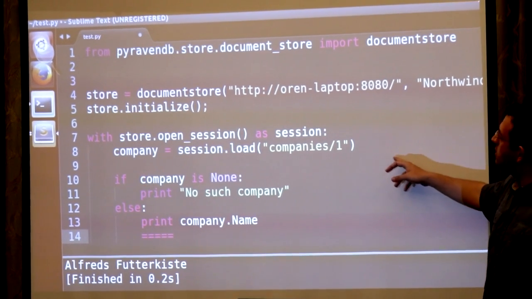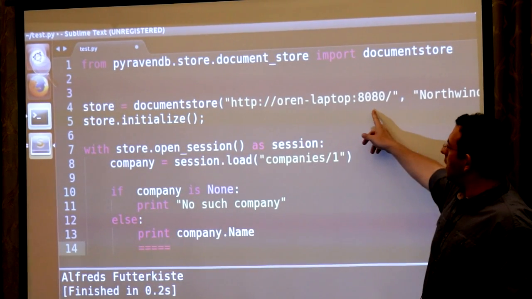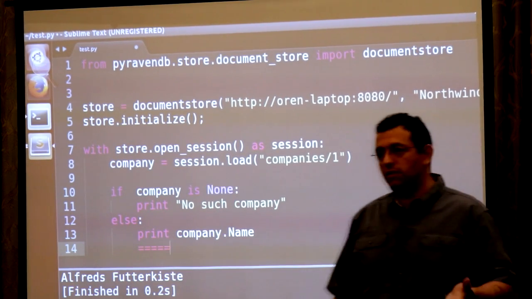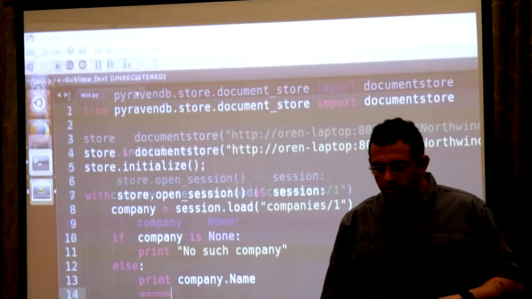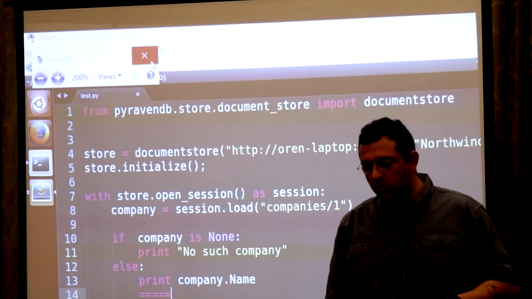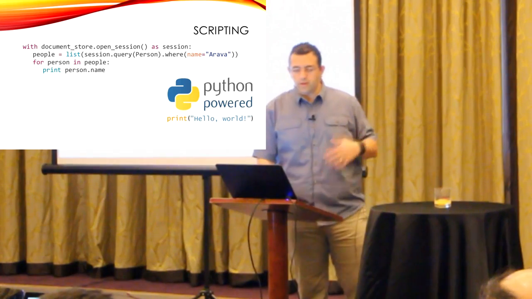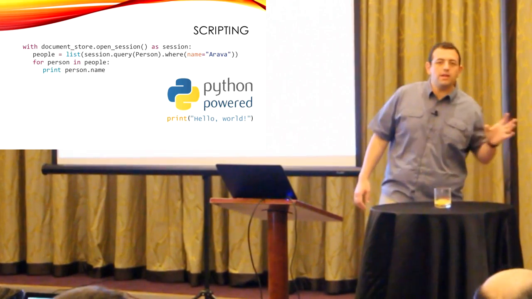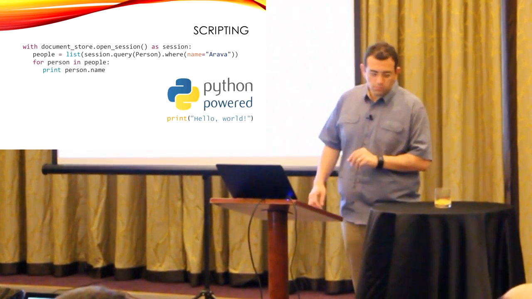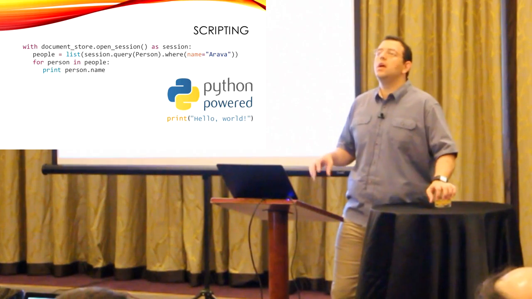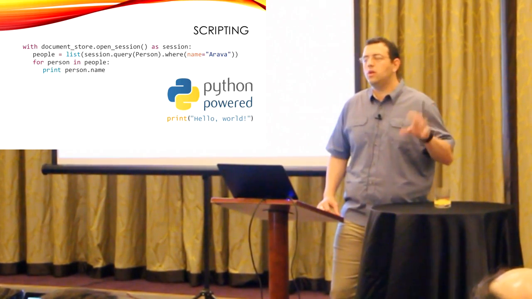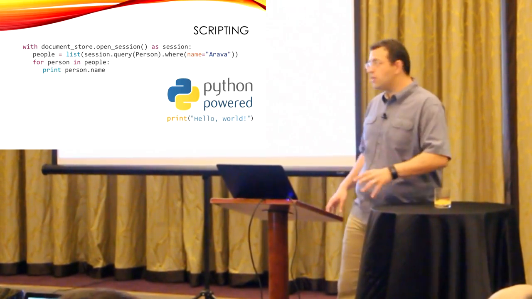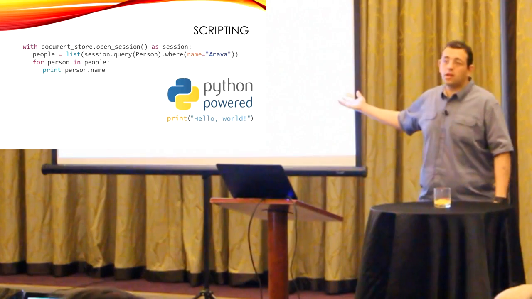Yes. So now you can see we're opening a connection, opening a session, loading the document, and just starting to work with that. This is designed to be very similar for anyone who is familiar with both RavenDB and Python. Primarily, this is meant for two cases. One of them, if you're actually working on a Python application, this has immediate relevance to you.